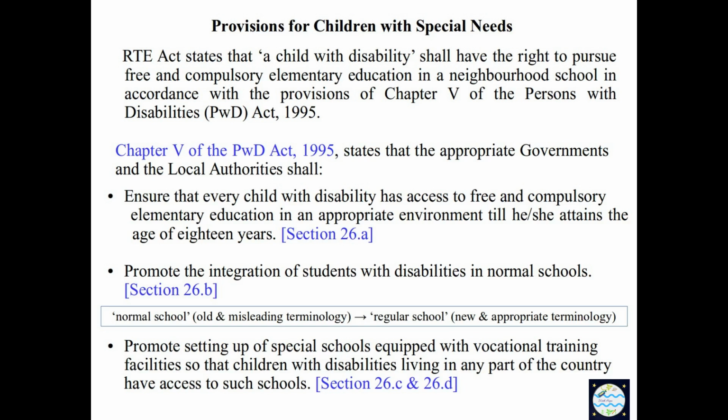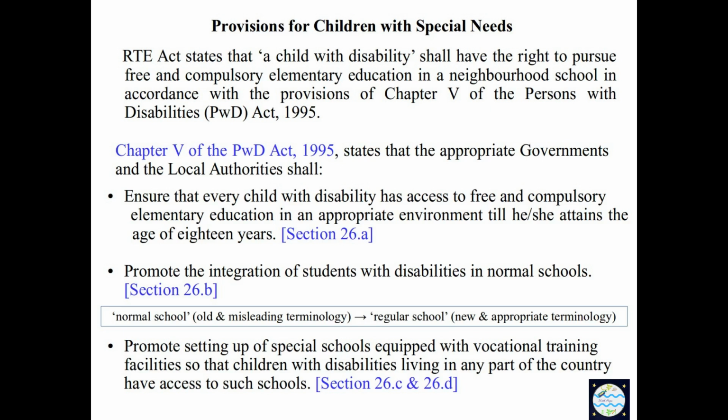Chapter 5 of the PWD Act 1995 states that the appropriate governments and the local authorities shall ensure that every child with disability has access to free and compulsory elementary education in an appropriate environment till he or she attains the age of 18 years.